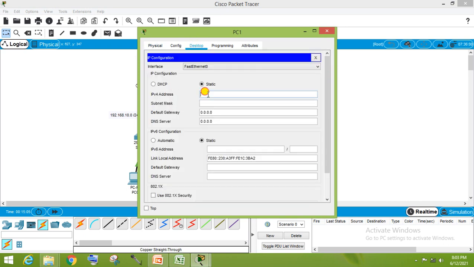Go here: 192.168.20.4, gateway 192.168.20.1.